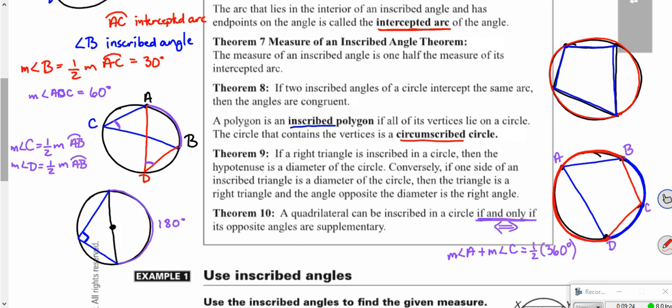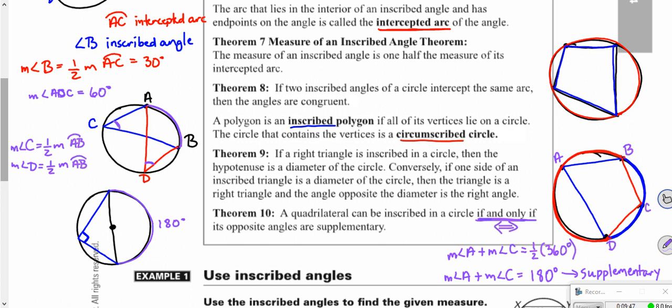So the measure of those two angles, again, inscribed angles are half the arc length. So if I add up those arcs, you get 360. Half of that is 180. So that's where this comes from. So measure of angle A plus measure of angle C equals 180 degrees, and of course, that is supplementary.